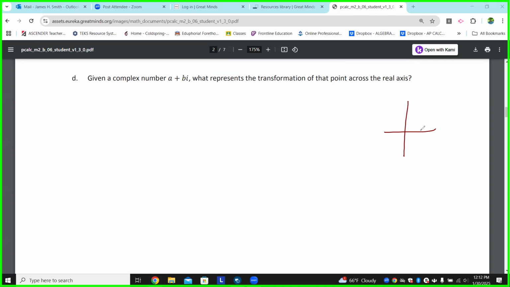Let's say I have, we'll call this A and we'll call this B. And I have a complex point there. What would I need to do to reflect across the real axis? A minus BI, right? Which would then come over here. That would reflect. What is that called? Conjugate. Very good. So you would need the conjugate.